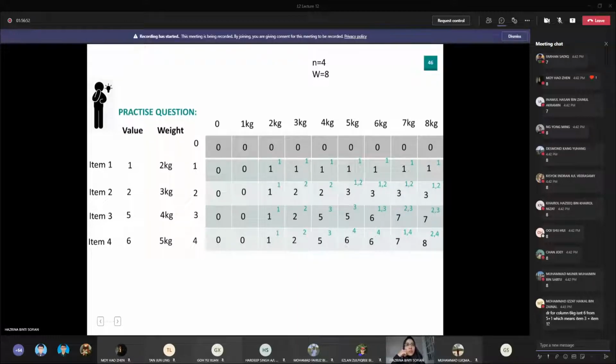I have a question here from Izzat: from column 6 kg, isn't 6 from 5 plus 1, which means item 3 plus item 1? Item 3 plus 4, column 6 kg. Okay, we are considering, is it this one?